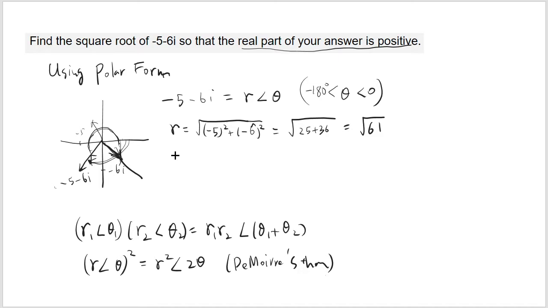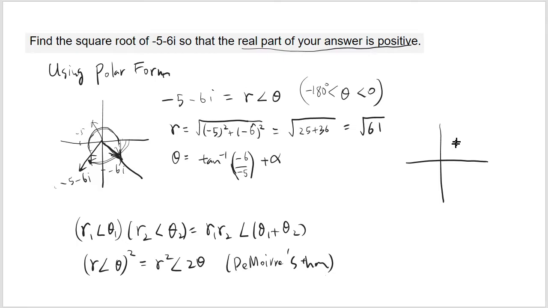On the other hand, the angle theta would be tangent inverse of b over a. Once again, b is this, a is this. So you have negative 6 over negative 5. You never include the i in these formulas, okay? And then you have to put some modification here. You have to add or subtract some angles sometimes, and that depends on the following convention.